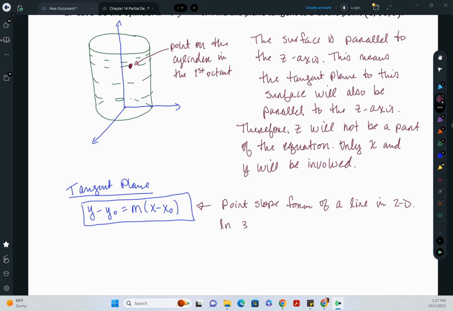In 3D, this is the point slope form of a plane parallel to the z-axis.